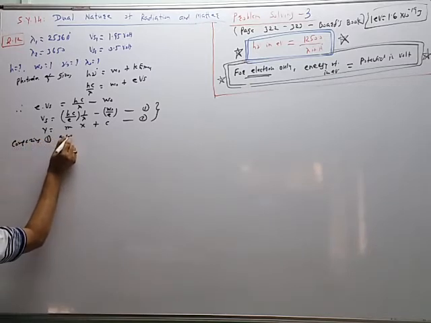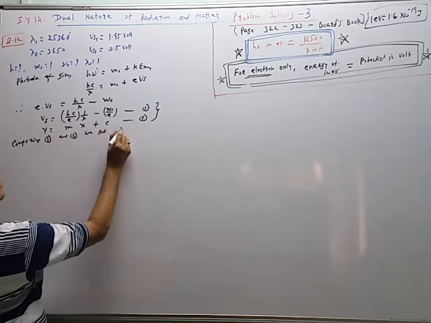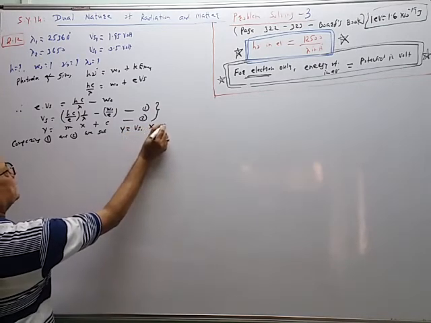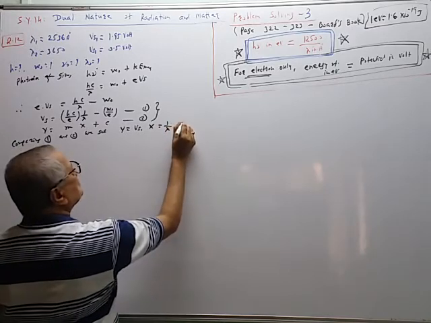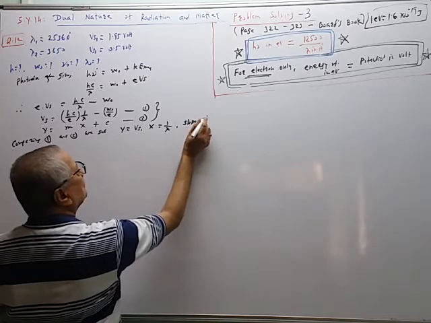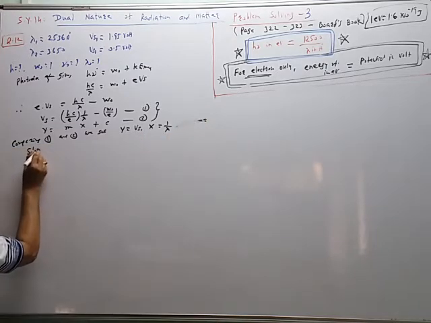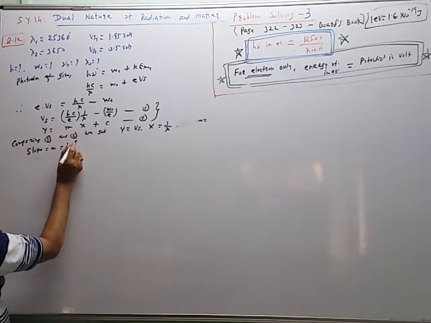Comparing 1 and 2, we get y coordinate is stopping potential, x coordinate is 1 upon lambda, wave number, slope m is equal to h into c by e.